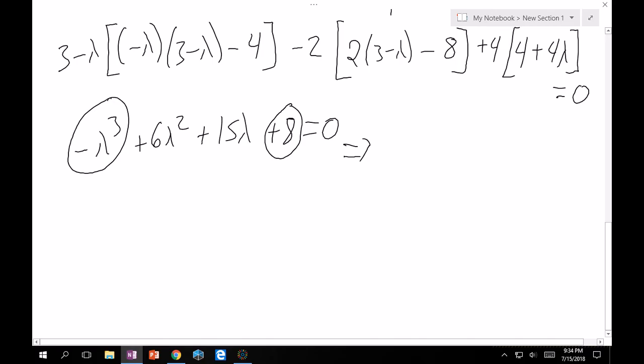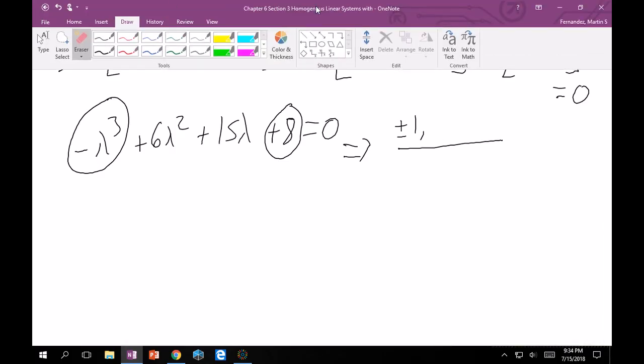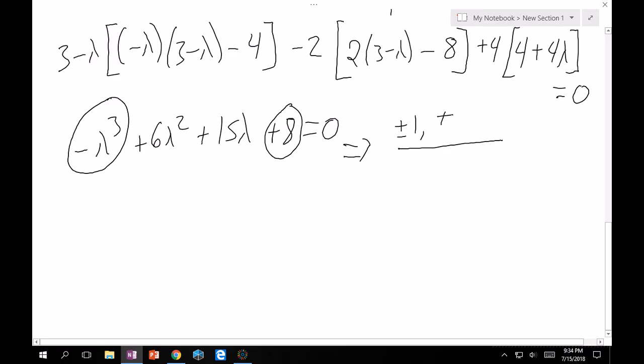So what does that mean? This means that the factors of 8 are plus or minus 1, plus or minus 2, plus or minus 4, and plus or minus 8.